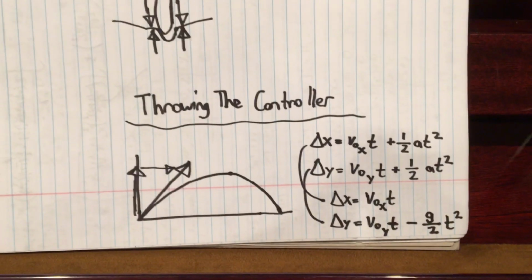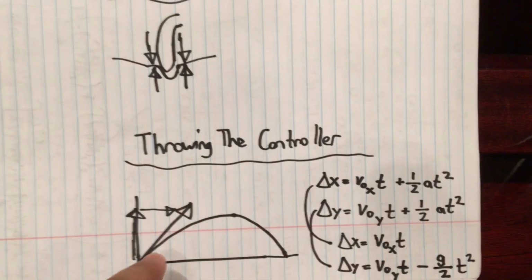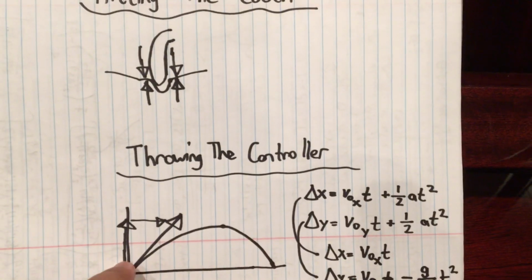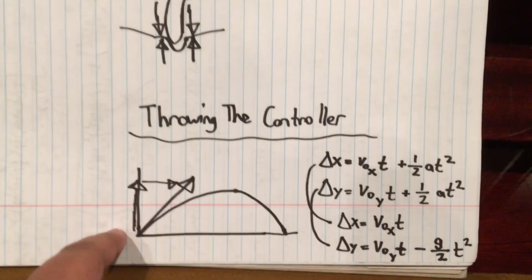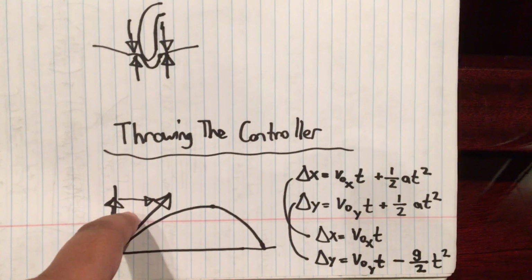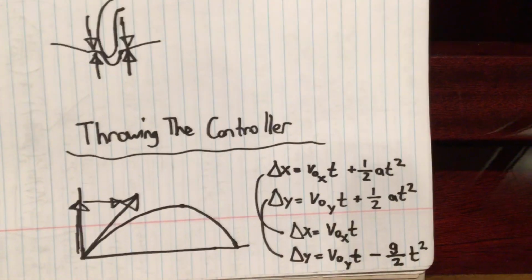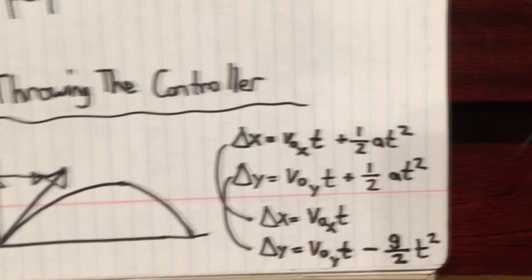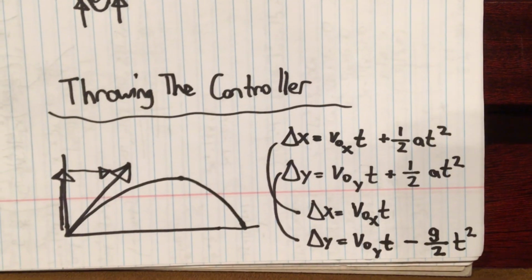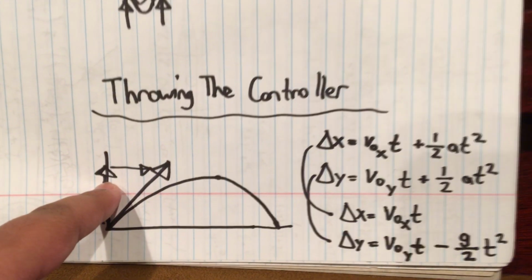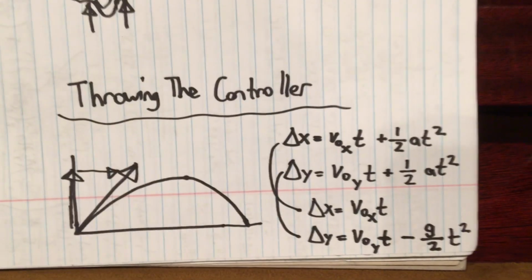So when Gabe destroyed me in a game of Smash, I threw the controller in this kind of motion. The initial velocity can be modeled by this vector right here, which can be broken into the y component and the x component. You use these components for the displacement in each direction. For delta x, you have initial velocity in the x direction times the time plus 1/2 at squared. For displacement in the y direction, you use initial velocity of the y times t plus 1/2 at squared.